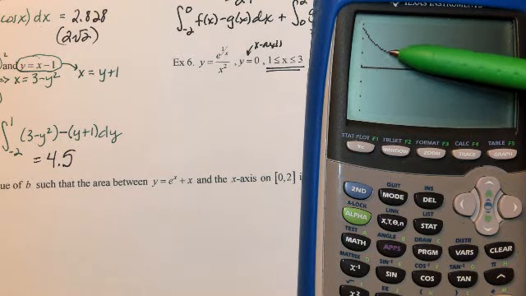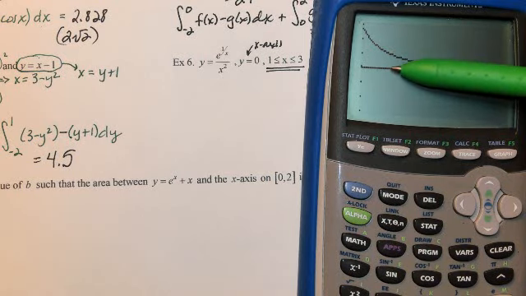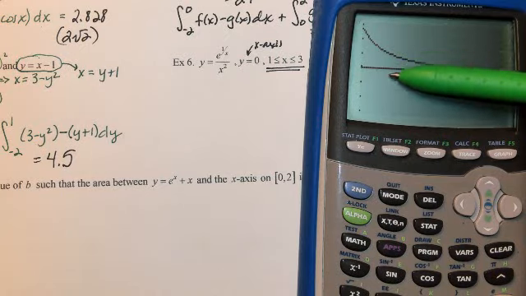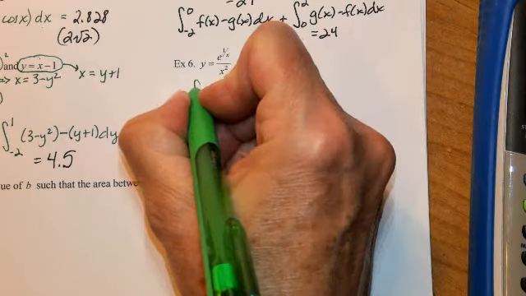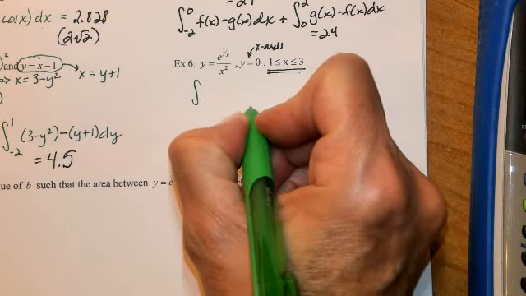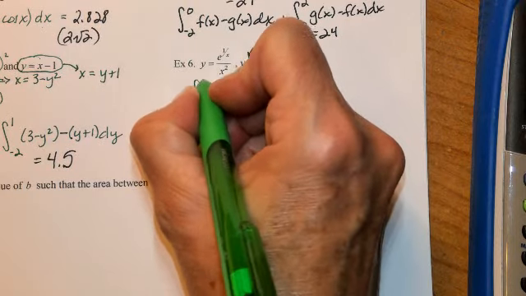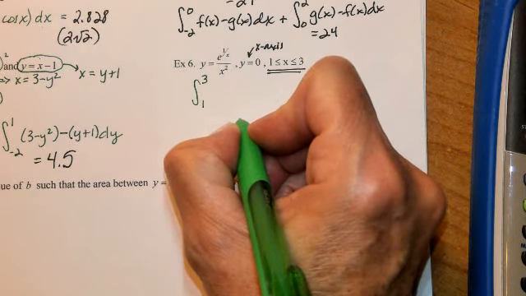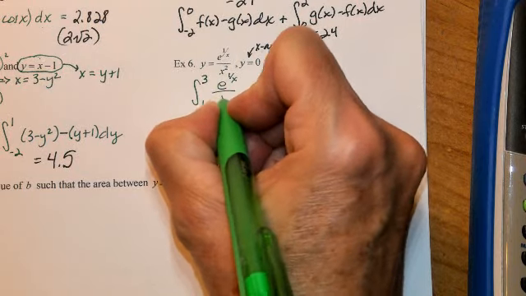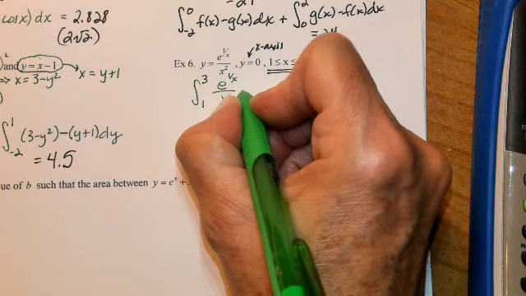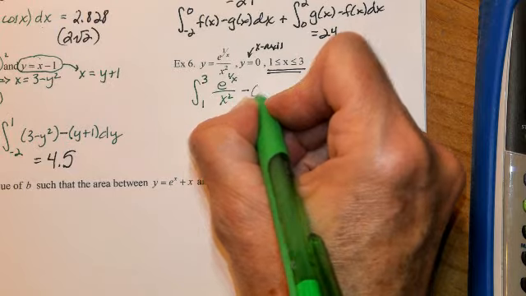So think of a rectangle. What's the height of that rectangle? It's that e to the e curve minus 0, right? Or just the e curve. So the area will be the integral from 1 to 3, right, of e to the 1 over x squared minus 0.